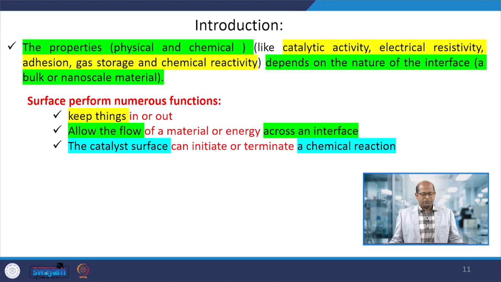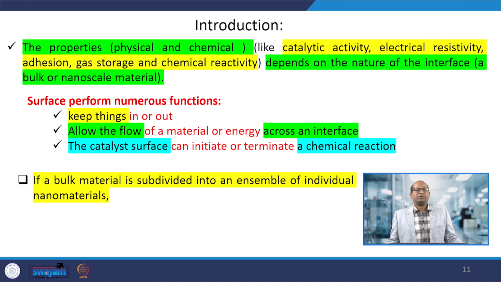This would help allow the flow of materials or energy across the interface, and improve it. At the same time, the catalyst surface that can initiate or terminate a chemical reaction also will improve when we convert bulk materials into nano.